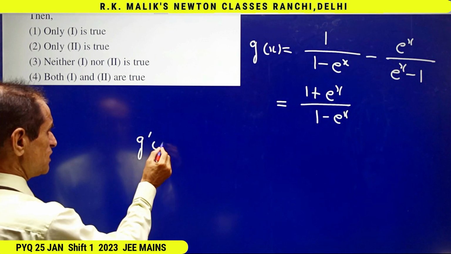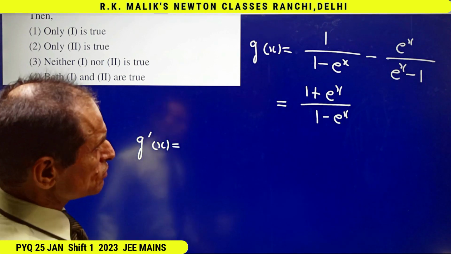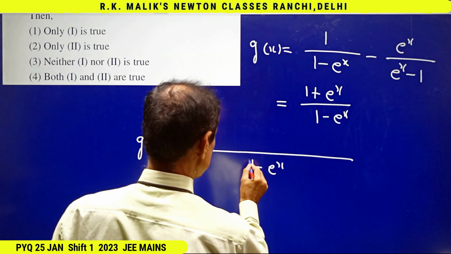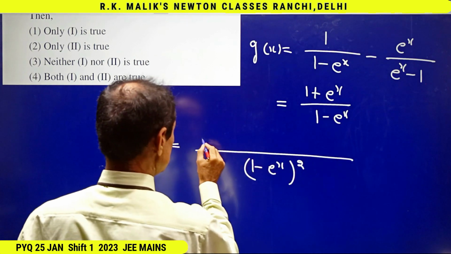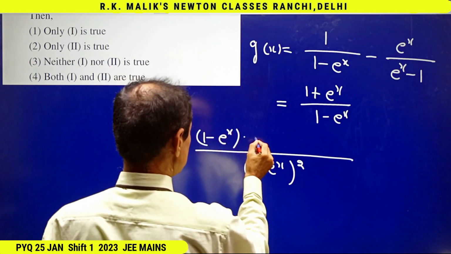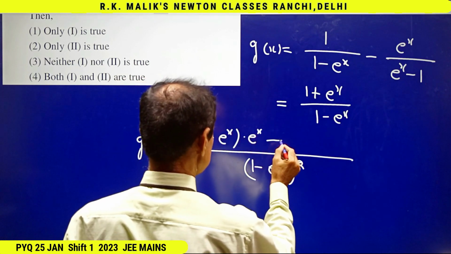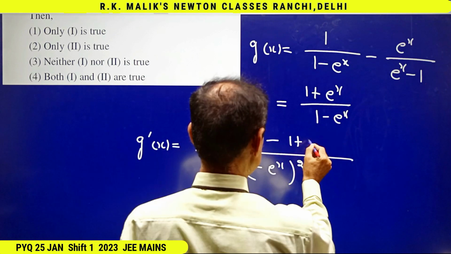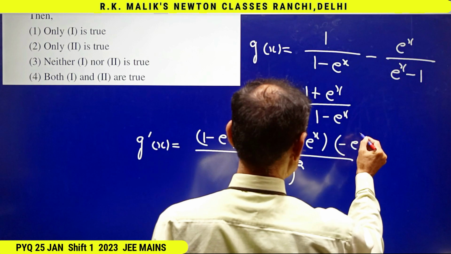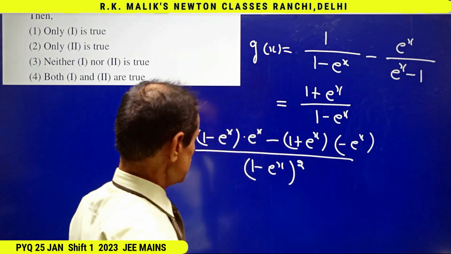Hence, g'(x) is equal to (1 minus e to the power x) into (e to the power x) minus (1 plus e to the power x) into (minus e to the power x), all upon (1 minus e to the power x) whole square.